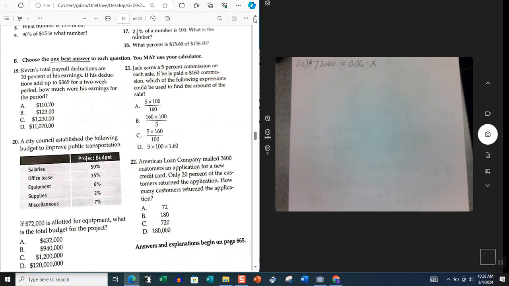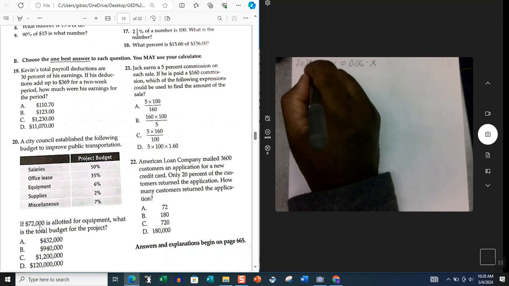Now this is where your mathematical knowledge will come into play. They tell us that the equipment is only 6% of the budget. We're told that $72,000 is what was spent on equipment, but we want to know the total budget. So that 6% is of the total budget, and 6% of the total budget will give you this 72,000.